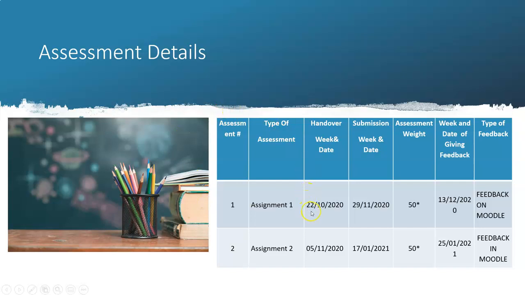The first assignment will be given to you on 22nd October, and you have 5 weeks to submit it. It will be corrected and feedback will be given within 2 weeks. Similarly it will be followed for assignment 2 as well. We will discuss this in detail in our class.